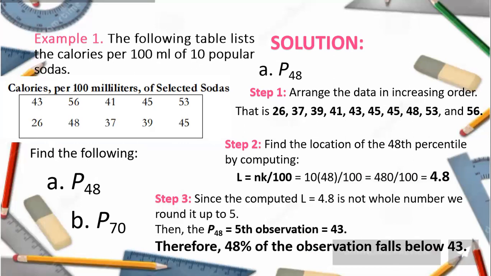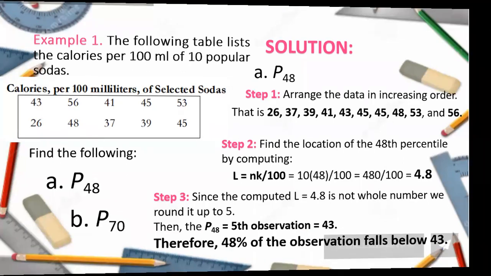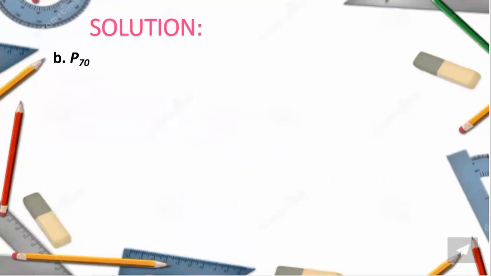So we look at the 5th observation in the arranged data, and we have 43. 26 is the first, 37 the second, 39 the third, 41, then 43 is the 5th observation. Therefore, we can conclude that 48% of the observations fall below 43.